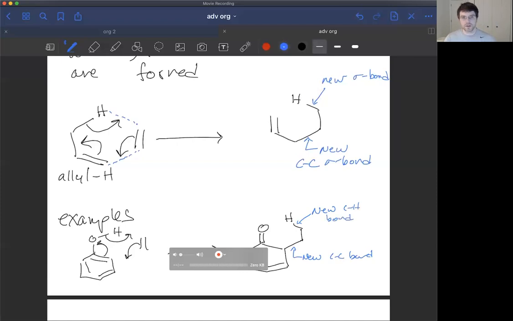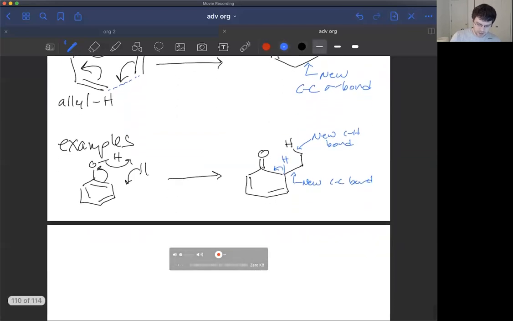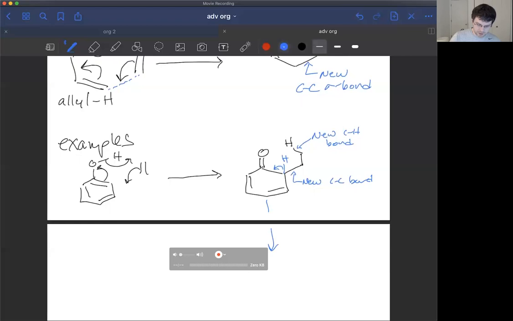Now, in many cases, there's some sort of thermodynamic driving force that kicks these things into gear already. There's not so much of an equilibrium between the 2 ene reactant and product states. So in this case, the thermodynamic driving force is the re-aromatization of the system where this H is lost to give rise to an aromatic product. And that's just tautomerization, really.